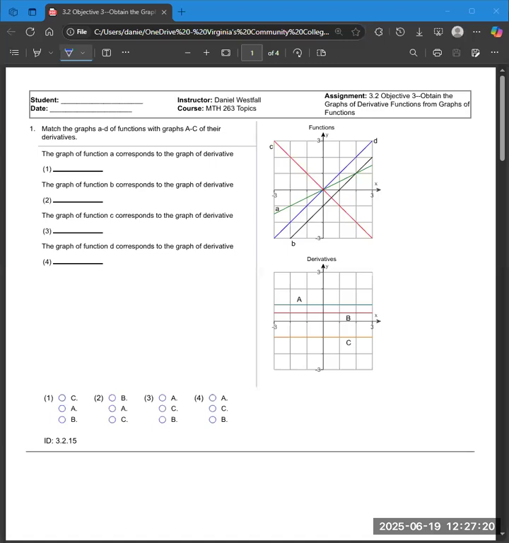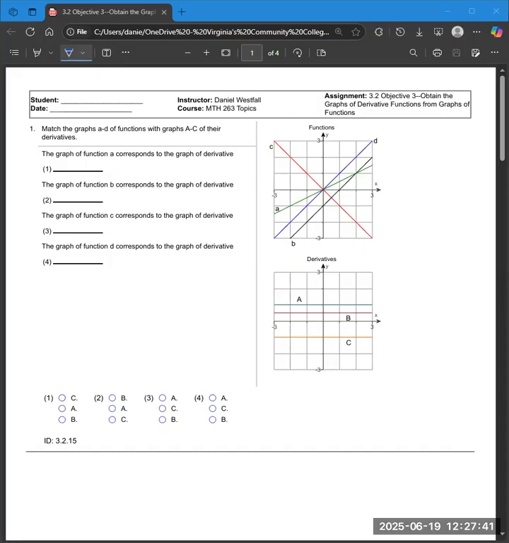So the graph of function A corresponds to graph derivative. So A is the green line here, and it looks like it has a slope of rise of 2, or rise of 1, run of 2.